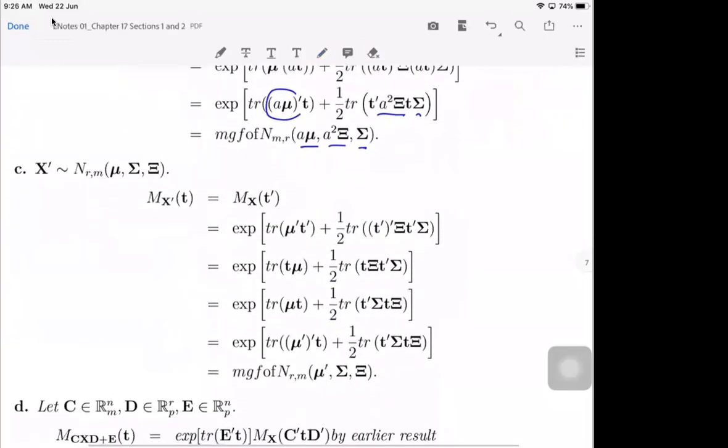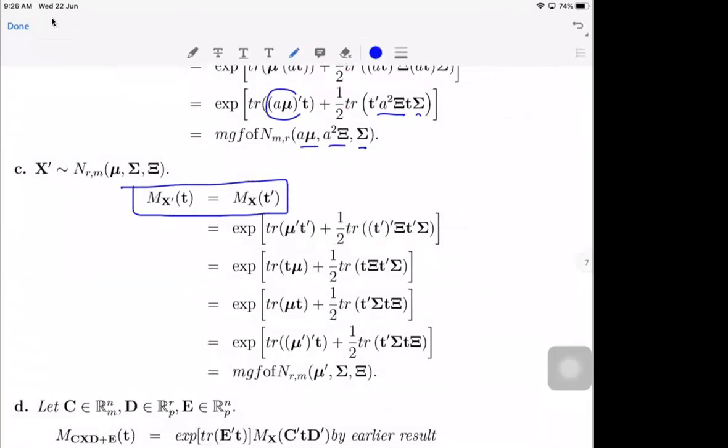Next, for the transpose, we have this result that the moment generating function of the transpose at t is equal to the moment generating function of x at t prime. So here will be mu prime t, but our t here will be t prime.